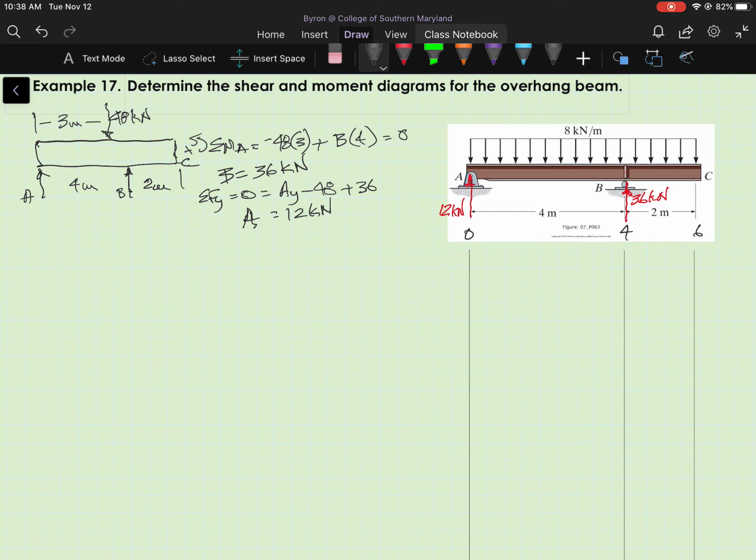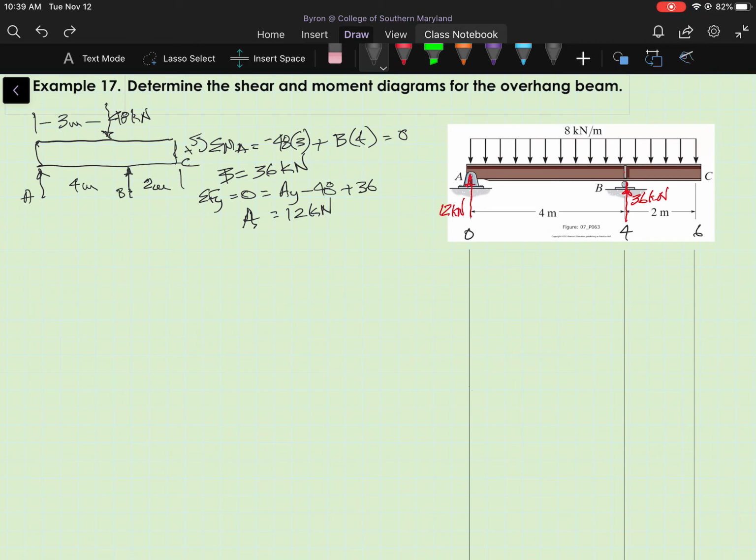So as I work my way from the left end of the beam, I have a distributed load that is not changing as I go from left to right. It's staying at a constant 8 kilonewtons per meter.